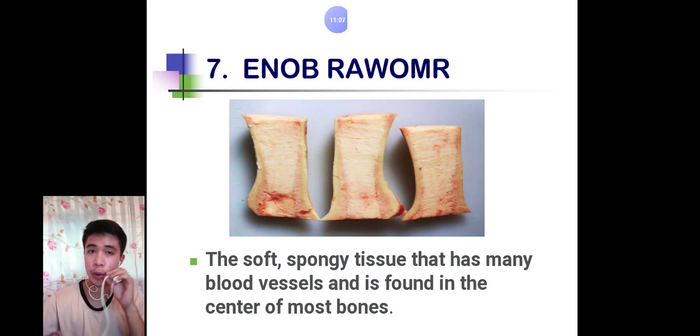It's a 10 item quiz lang po, a short quiz lang po. And it's very simple because Mr. Gozon already discussed this topic.